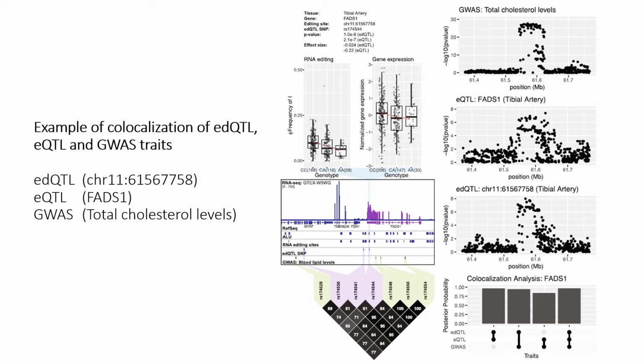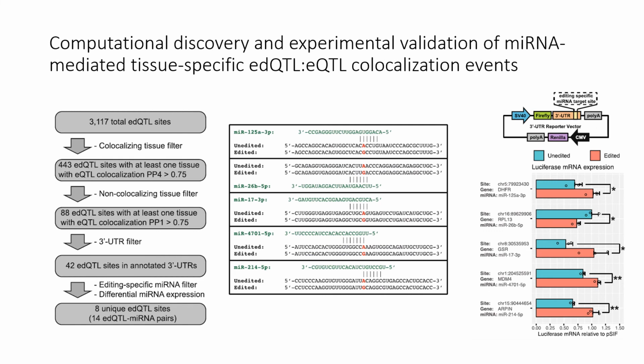Additionally, the RNA editing and gene expression levels are also linked to the GWAS trait of total cholesterol levels. This suggests that genetically regulated RNA editing can alter the gene expression levels of FADS1 to influence total cholesterol levels in individuals.